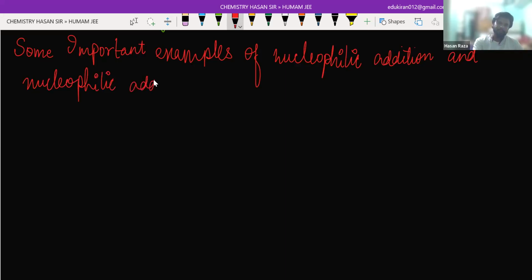Nucleophilic addition elimination. Ingredients.